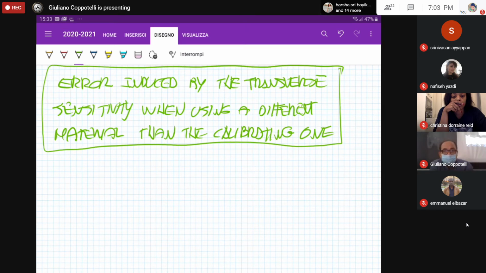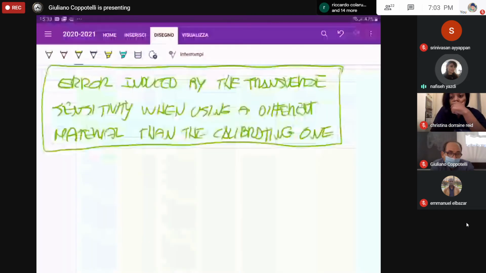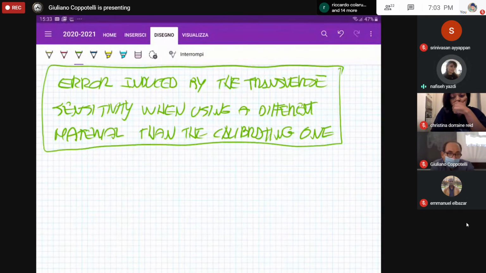So what is the effect on the transfer sensitivity because I'm using a different material with respect to the calibrating one? So if I calibrate this device with steel and aluminum, there is no error for steel and aluminum, but for other materials, there may be some errors. Am I right? That's correct.